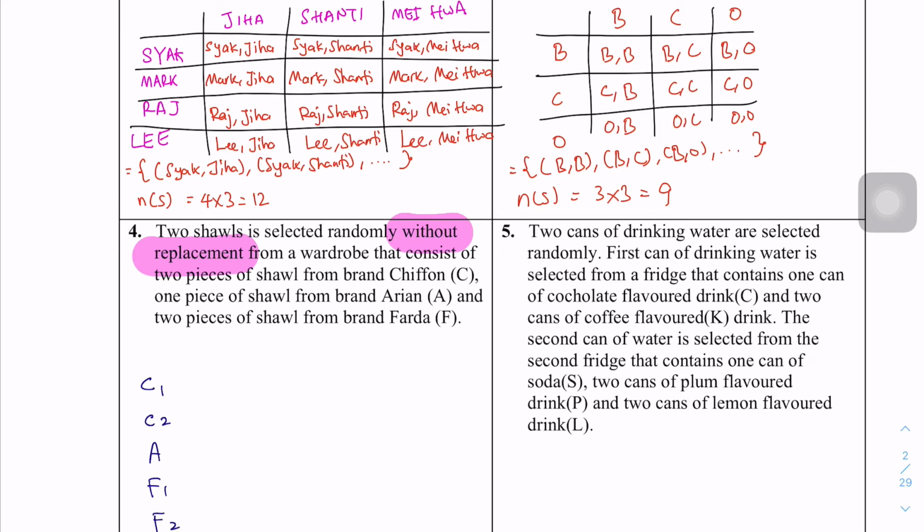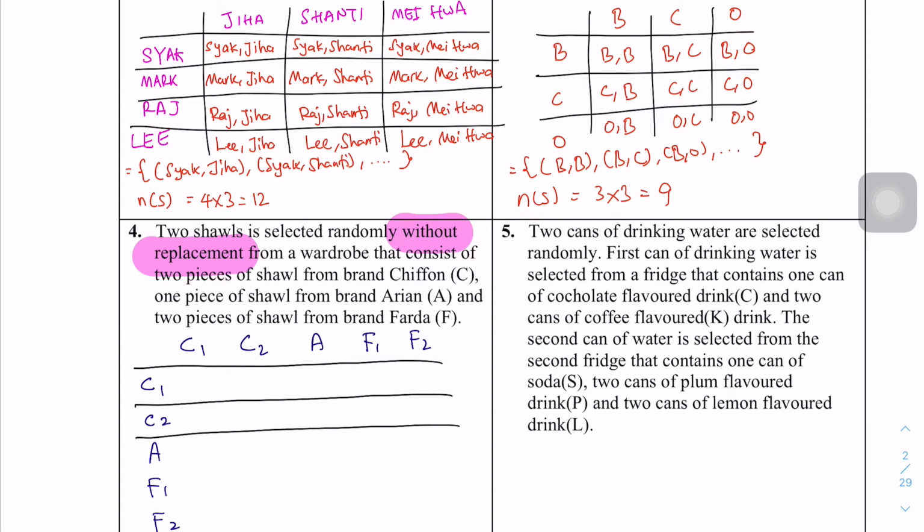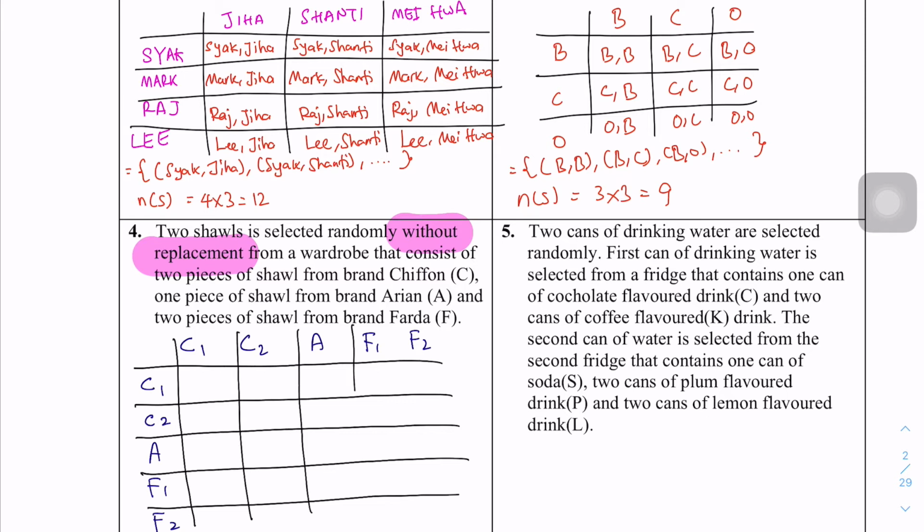So over here we also have the same C1, C2, A, F1, F2. And then the question already mentioned without replacement. So if without replacement, you need to shade the middle part. This is what happens when without replacement.